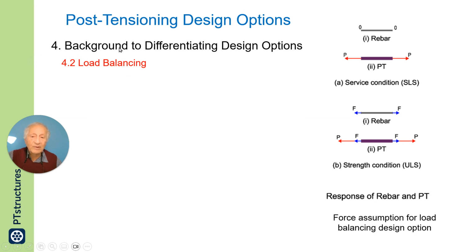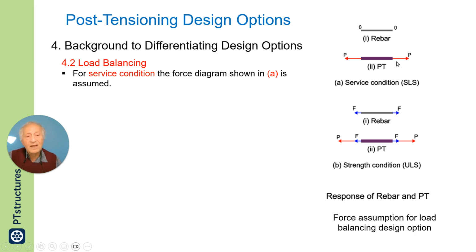Now let us go to load balancing. In load balancing, in service condition, the force shown in A is assumed 0 and P. This is the same as the previous one. We assume rebar has 0, tendon has P. For safety condition, B is assumed.